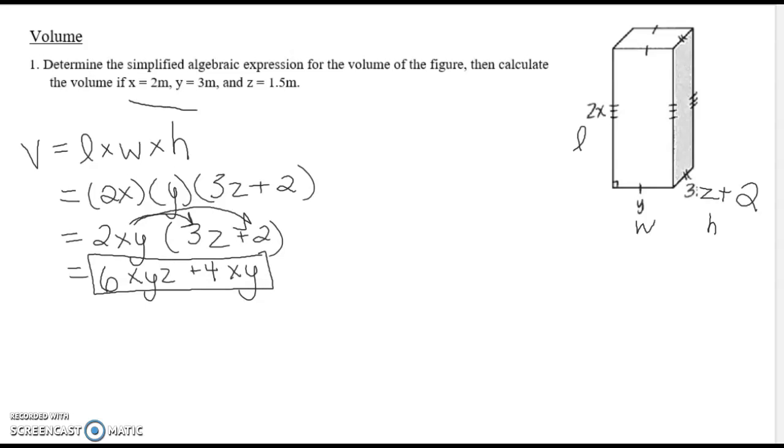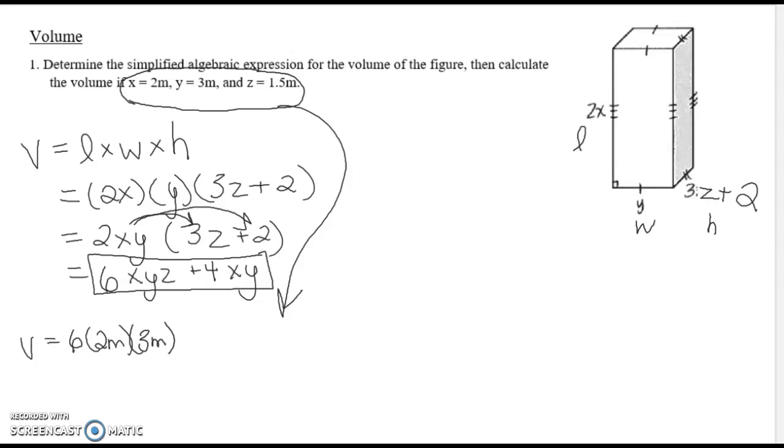But now we need to sub all of these in. Okay, so volume equals 6. Instead of x, we have 2m. Instead of multiplying it by y, you're multiplying it by 3m. And instead of multiplying by z, it's 1.5m.